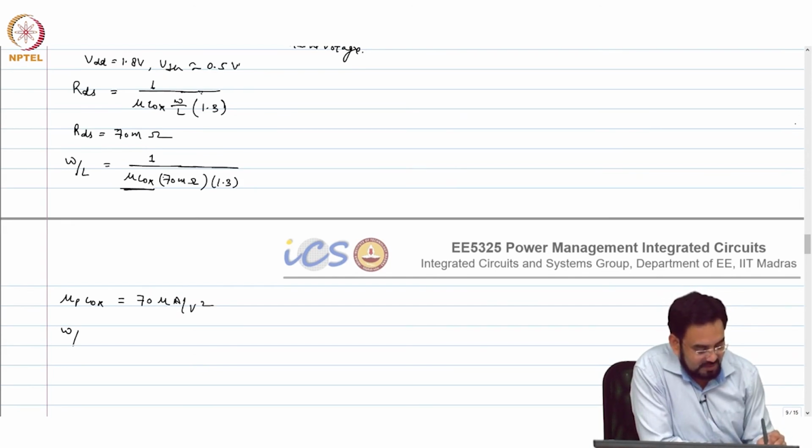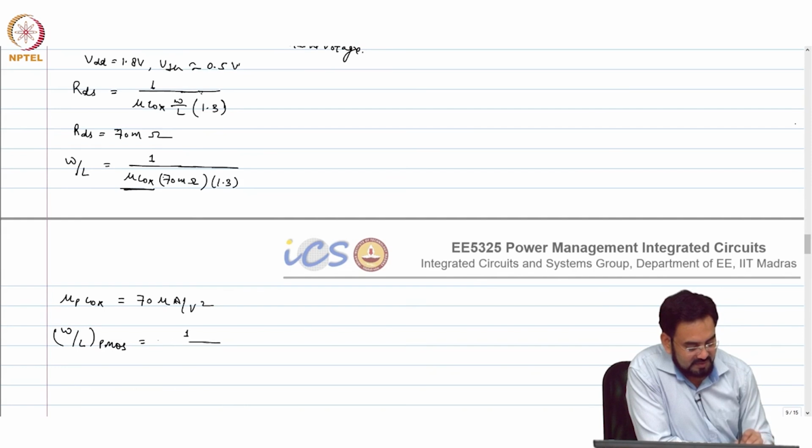So which means W by L of PMOS equals 1 over 70 into 10 power minus 6 into 70 into 10 power minus 3 into 1.3. How much is this?